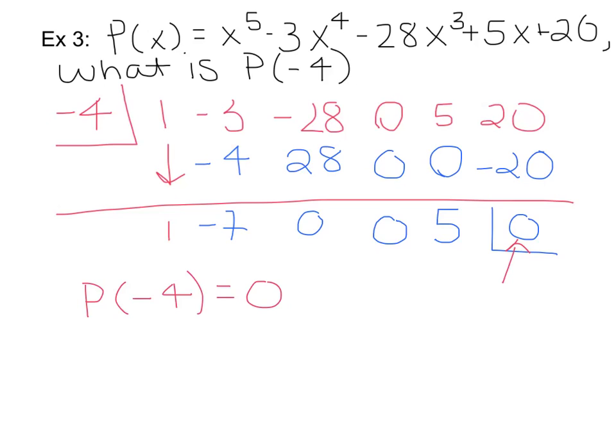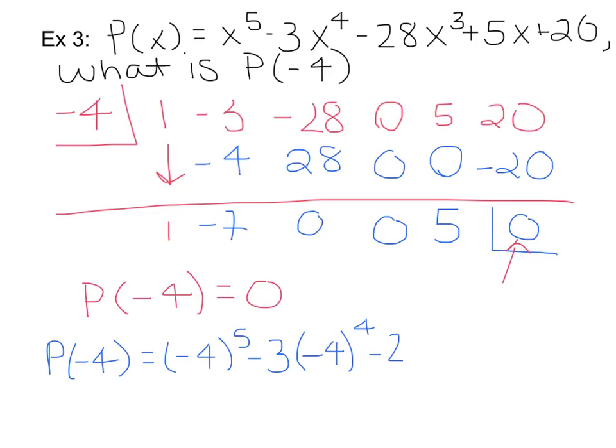Now I want to show you another way how to do it. So since it says p of negative 4 and normally it's p of x, all what that means is plug negative 4 in for x. So negative 4 to the fifth power minus 3 times negative 4 to the fourth power minus 28 times negative 4 to the third power plus 5 times negative 4 plus 20.